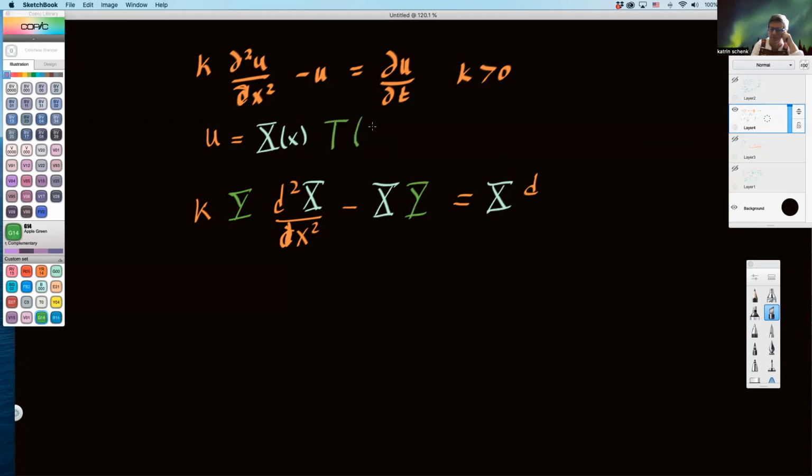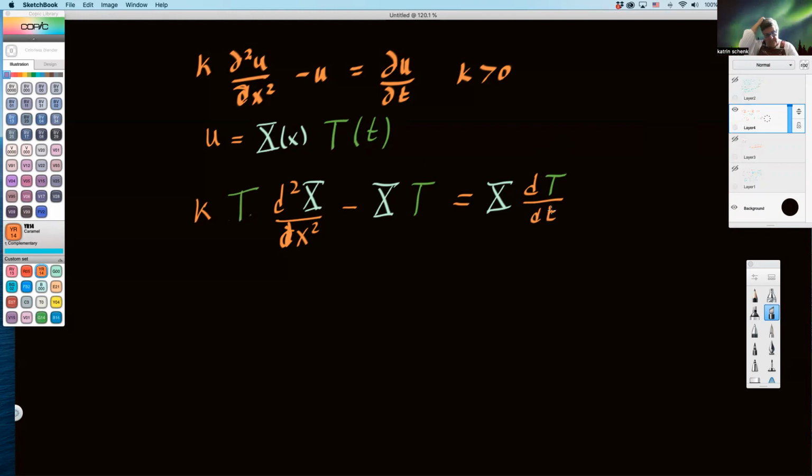My bad. I for some reason was thinking this was an X and Y, but it's T of t. Okay, there you go. We'll just go back and erase. There we go. T and a t here. And you're probably wondering what was going on. Okay, so this is going to be big T and then d little t.